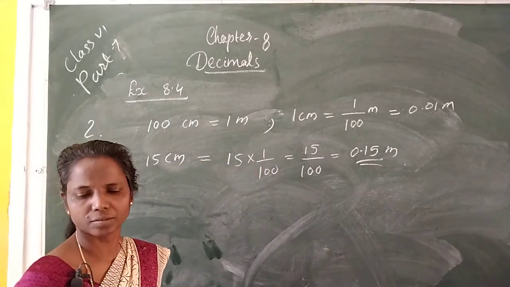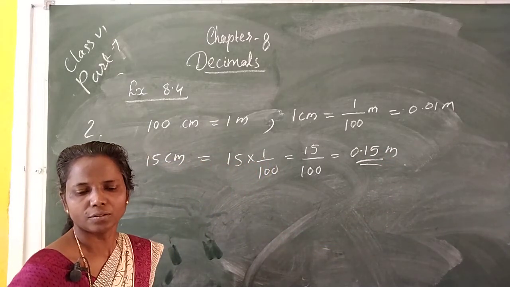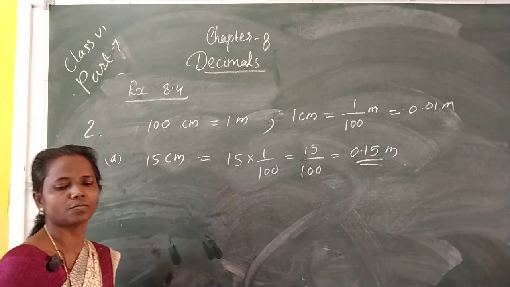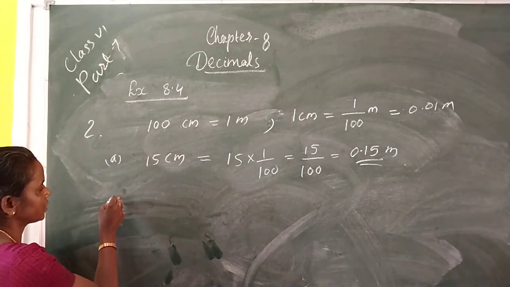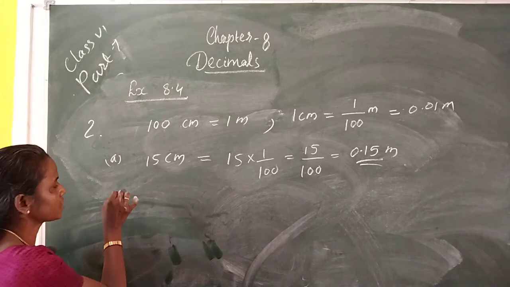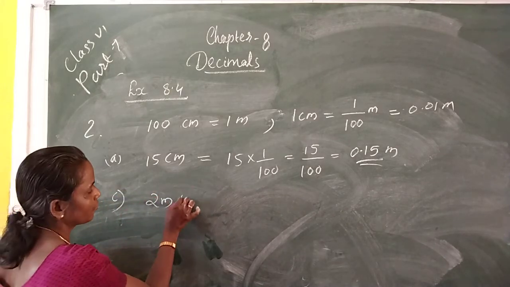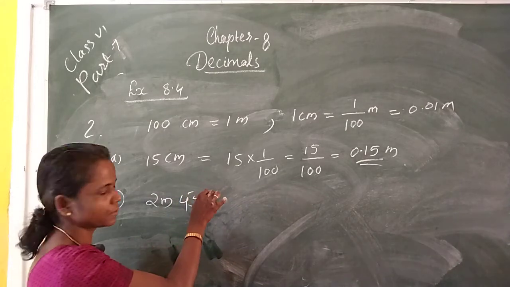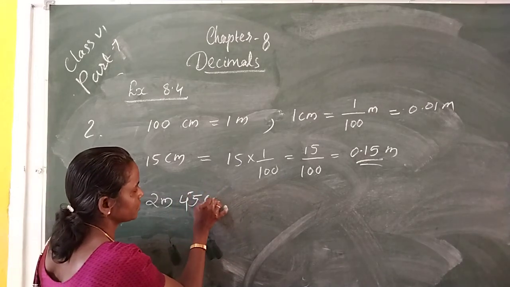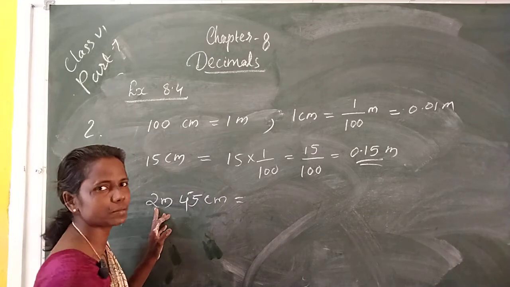Is it clear? Then next, 2 meter 45 centimeter. Which question is this? Question number C. 2 meter 45 centimeter. Here 2 meter means already meter.